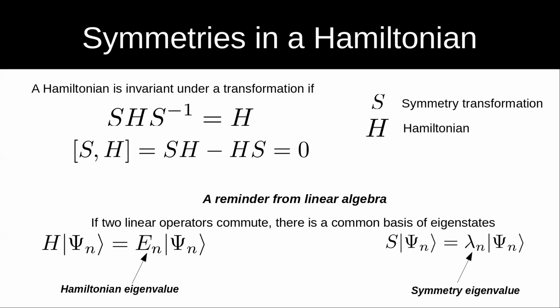Of course, the eigenstates of the symmetry operator have a different symmetry eigenvalue than the eigenvalue that they have in the Hamiltonian. But the eigenvalue itself is not the most important part. The most important part is that we are capable of classifying the solutions just by looking at the symmetries that the Hamiltonian has.